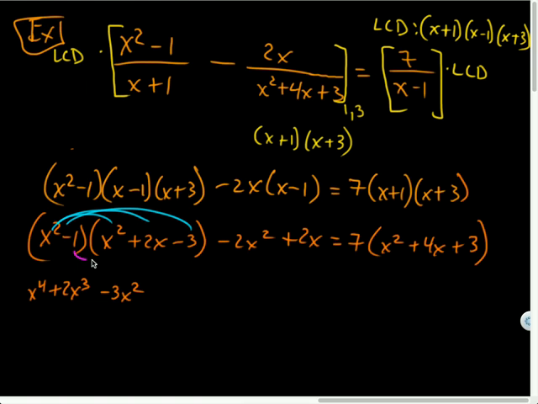And now I'm doing -1 times all of these, right? So I will get minus x squared minus 2x and plus 3. And then I'd still get minus 2x squared plus 2x over here equals. And then this one's just distributing by 7. That one's not that bad.